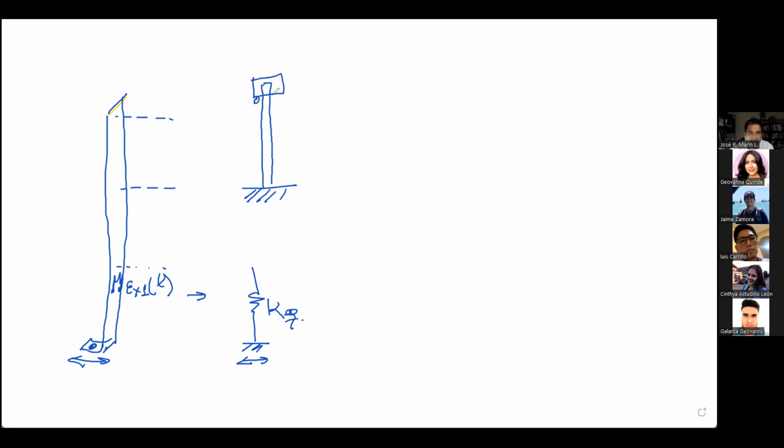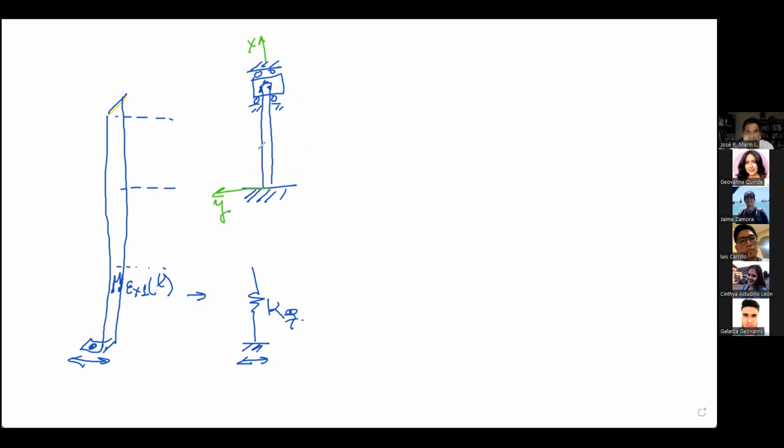So you have something like this. So this is welded, welded, welded. Now here, let's use a reference system like this one. So this is X, and suppose this is Y.